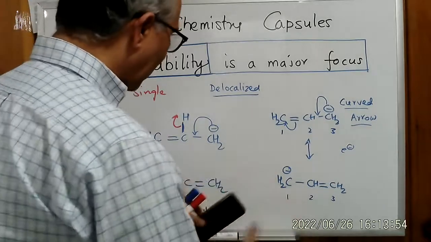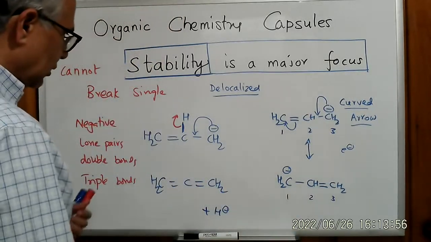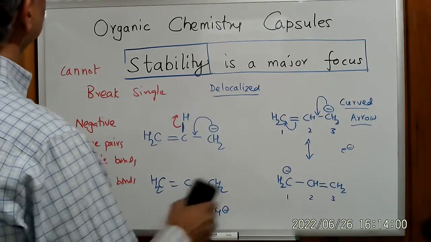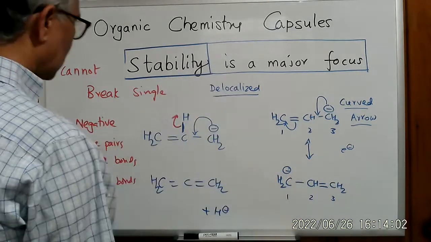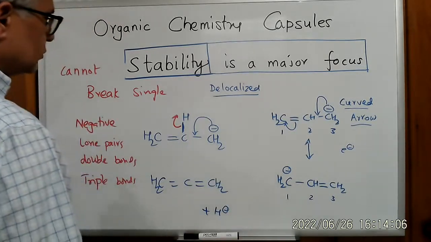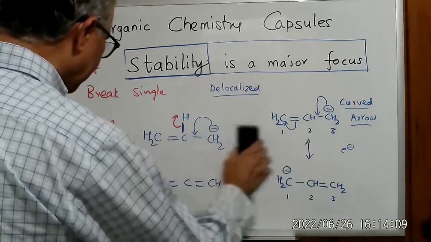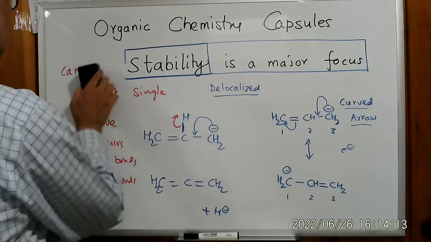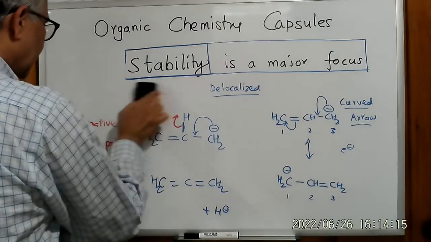And you can always go back to the summary and see if you got everything out of the video. Now, so this is allyl anion. There's one resonance structure. So now I'll erase this and look at another example.